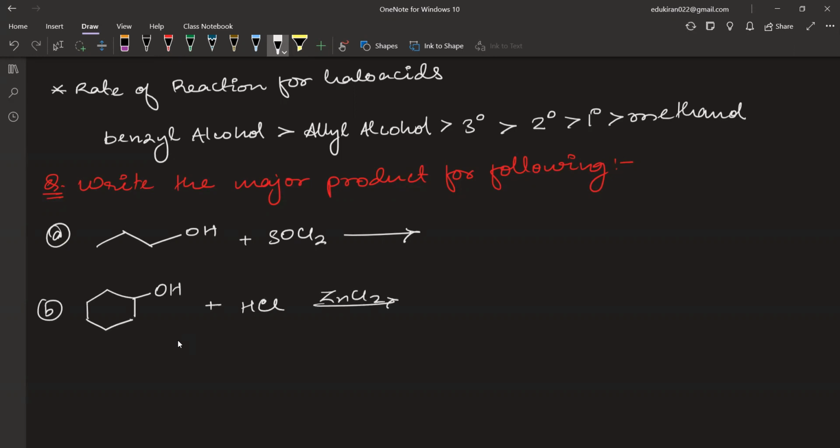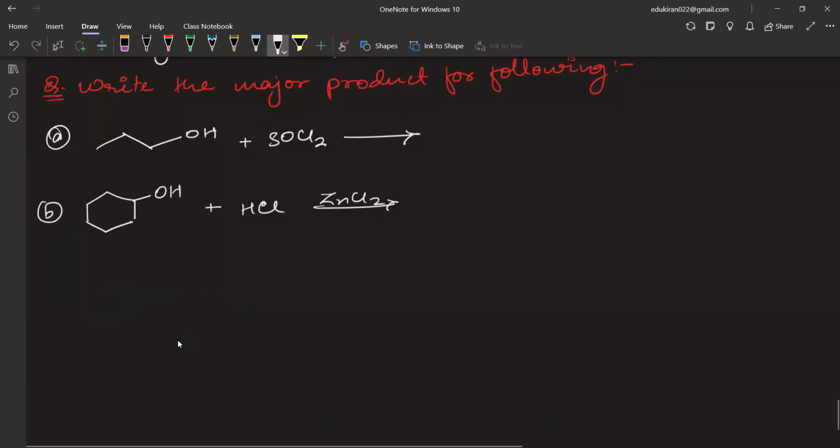You just need to write the major products, okay? That means the carbon containing haloalkane one.